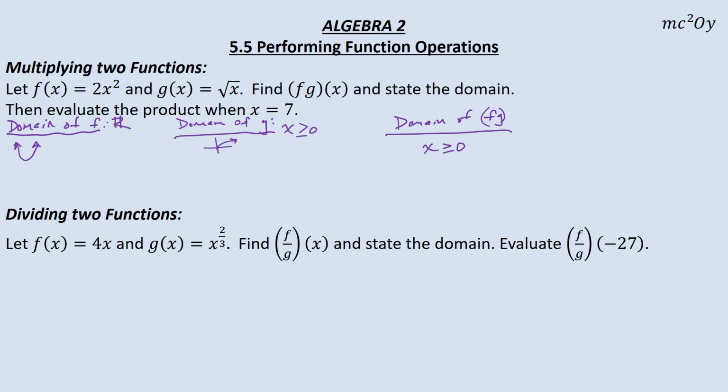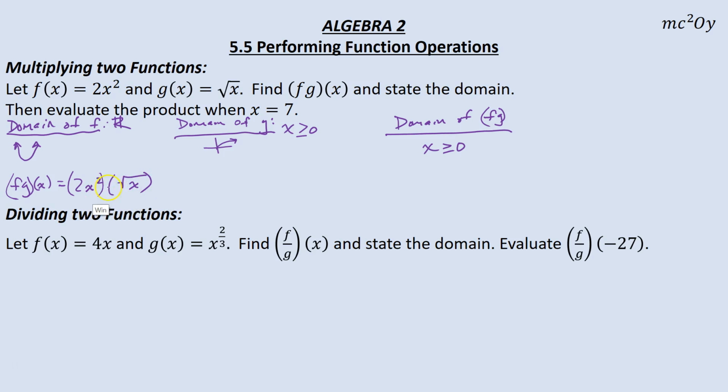All right, so let's go ahead and test it out and see what we end up getting when we multiply them. Multiplying these out, that's going to be 2x squared, that's f, times g, which is square root of x.